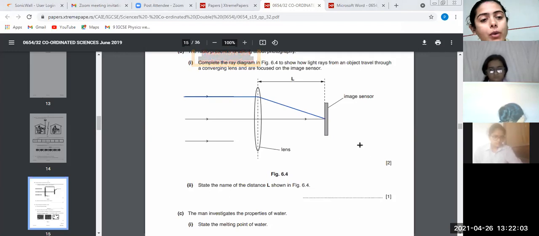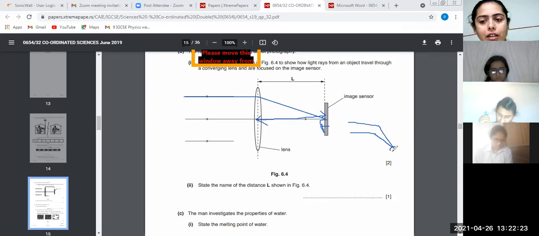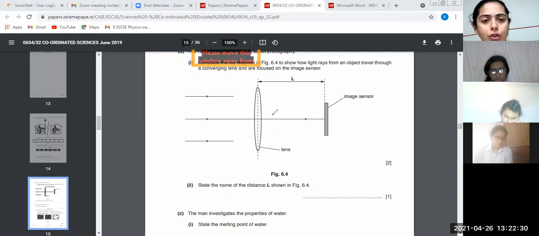Toh yahan pe aapka bana F hai na, aur focus se lens tak ka distance is called as focal length. Whenever you have the parallel lines, where these parallel lines intersect you will get the focus there, and from the lens till the focus is your focal length. Very well said.